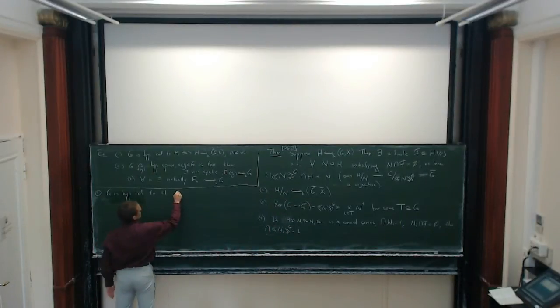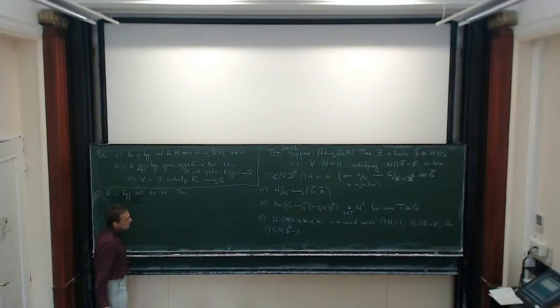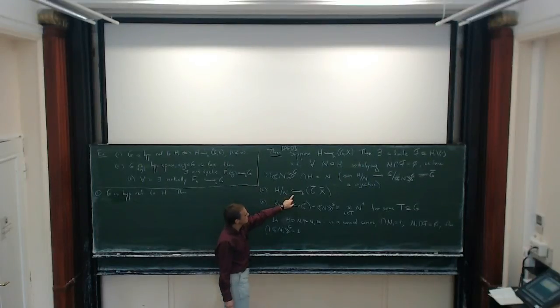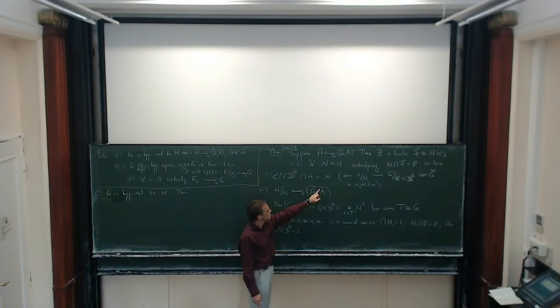So then the first part remains true, all parts remain true, but what does the second part say? The second part says that the quotient H mod n is hyperbolically embedded in G bar, comma, X bar. If X was a finite set, then the image of a finite set is finite, so X bar is still a finite set.